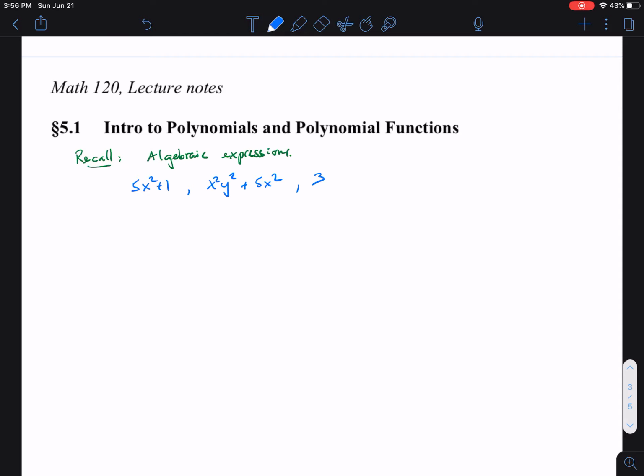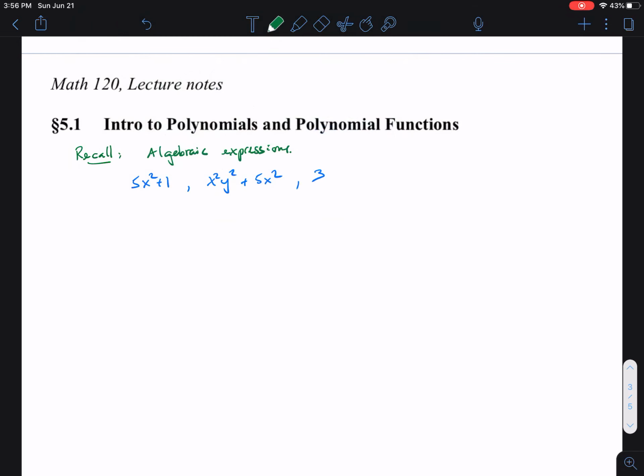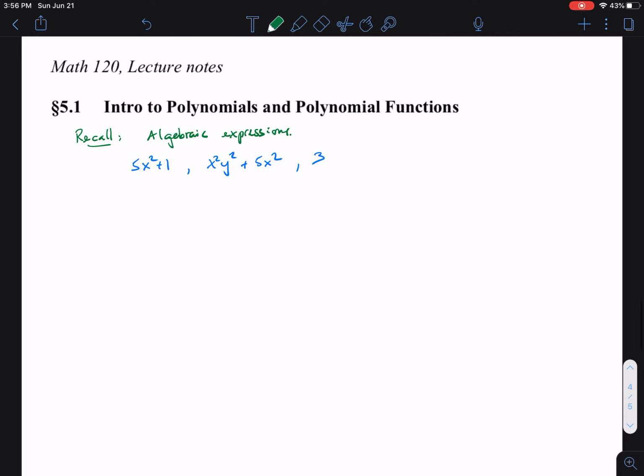So now, what we can do is introduce the algebraic expression that has a single term. We say that if an algebraic expression has a single term, we call it a monomial.